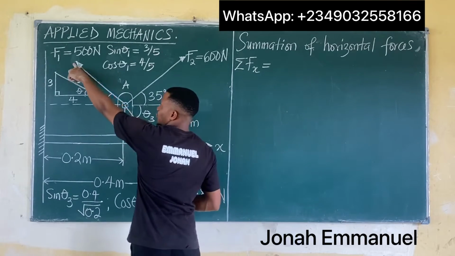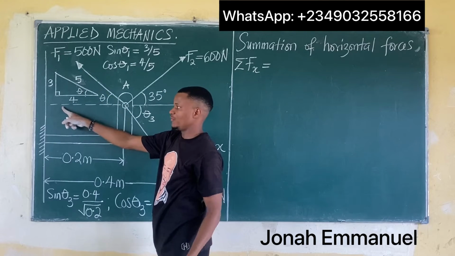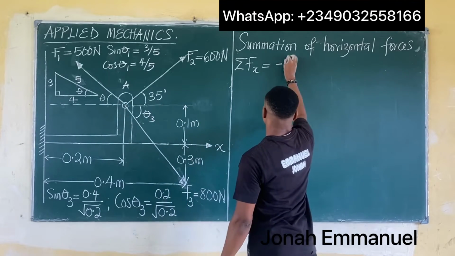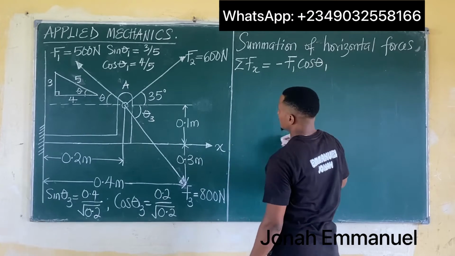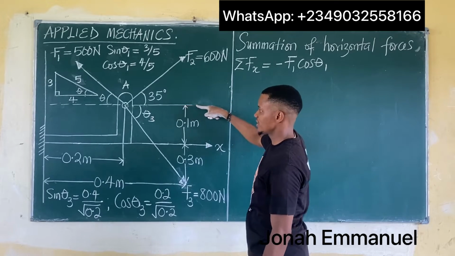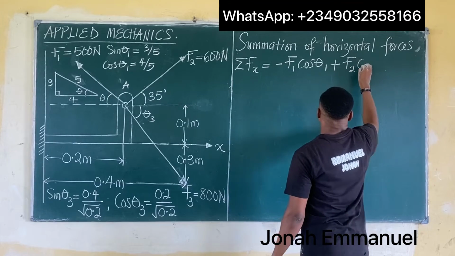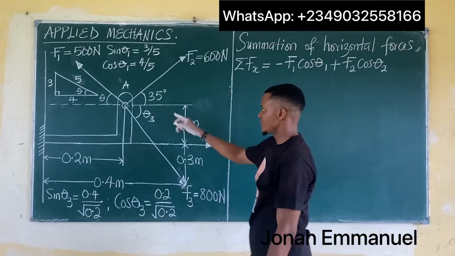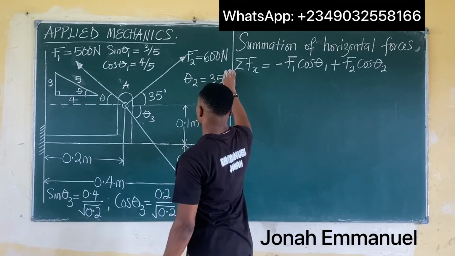Alright, let's start with F1. F1 is here. Resolve this one horizontally. It will now lie in the negative x axis. We've discussed this. This is quadrant 2. So it becomes negative x axis. Hence it becomes negative of F1 cos theta 1. F2 is this. Resolve this one to the horizontal axis. This is positive x axis. It becomes plus F2 cos theta 2, which in this case theta 2 is equal to 35 degrees.